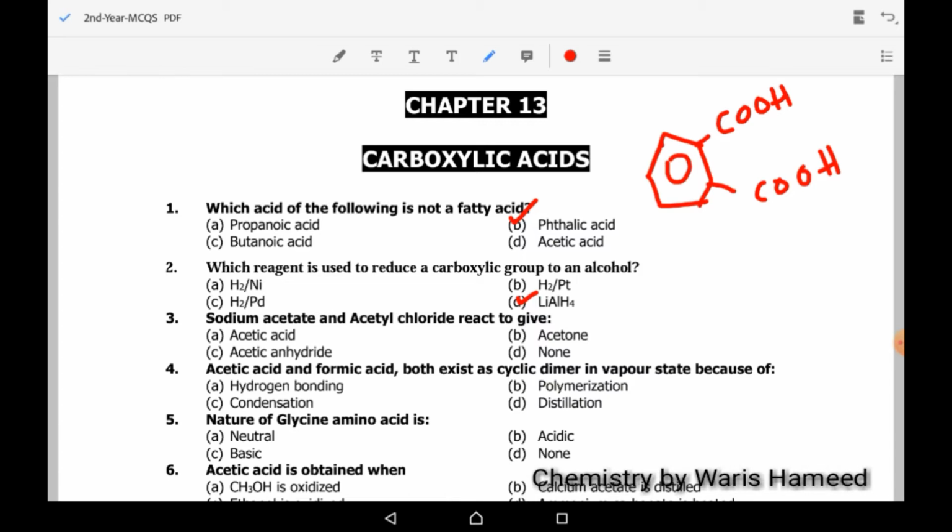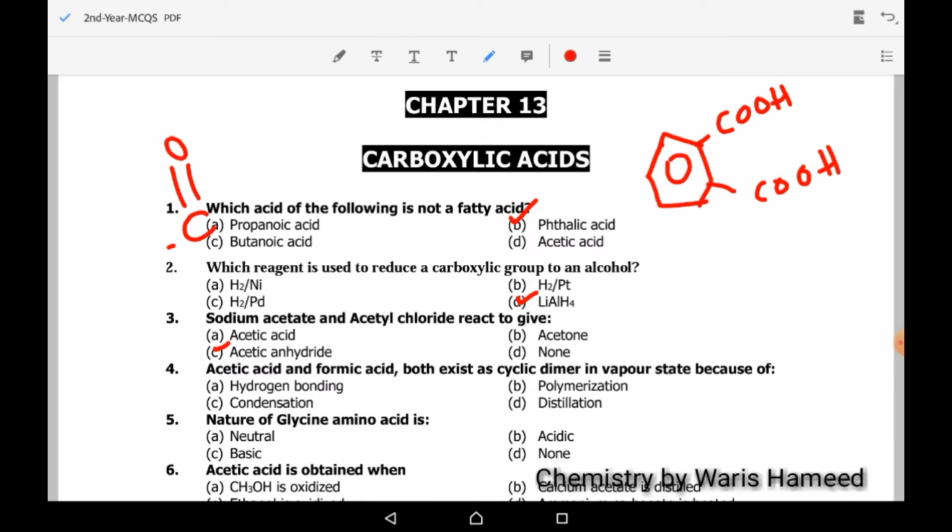Next MCQ: sodium acetate and acetyl chloride react to give. When we react sodium acetate with acetyl chloride, they form acetic anhydride. It's a chemical reaction.